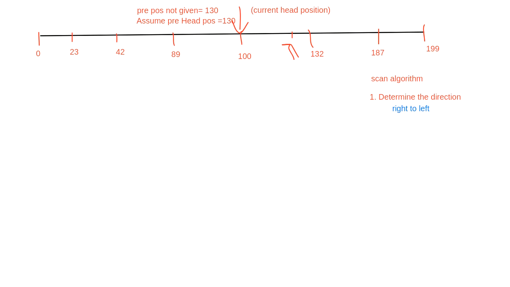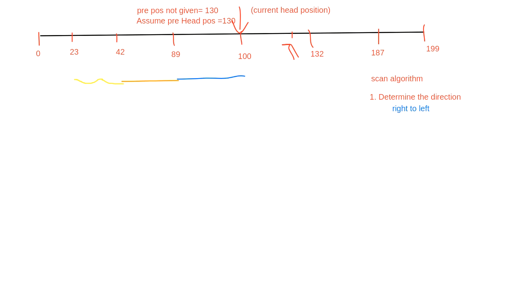From 100 it goes to 89. From 89 it goes to 42, right? From 42 it goes to 23. Sorry, I draw it like this, but it's a straight line.